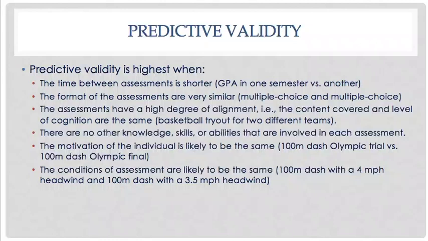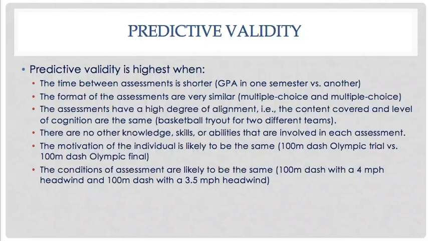I want to make sure the formats of assessments are very similar, multiple choice and multiple choice versus multiple choice or an essay, right? I want them to be well aligned. All the content should be the same, and tests don't always do this perfectly, especially if I'm wondering if like pre-algebra tests predict calculus tests. Well, those are different content areas.